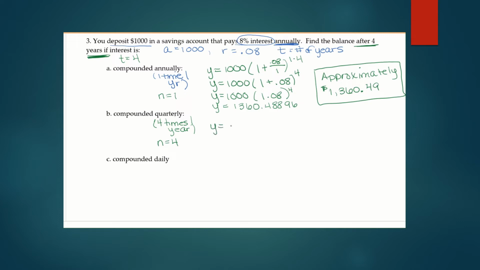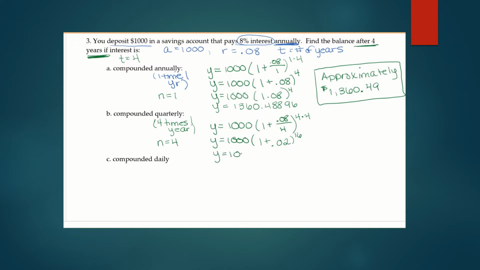So plugging in, our A stays the same, our R stays the same. N is now 4, and I'm just plugging into that formula that you were given in the box above, raised to the 4 times 4 now, because it's N times T. All right, so simplifying a bit here. 1 plus 0.08 divided by 4 gives me 0.02, raised to the power of 16.